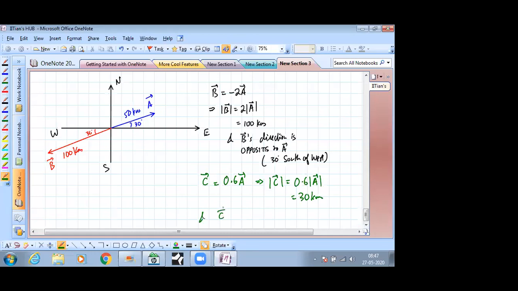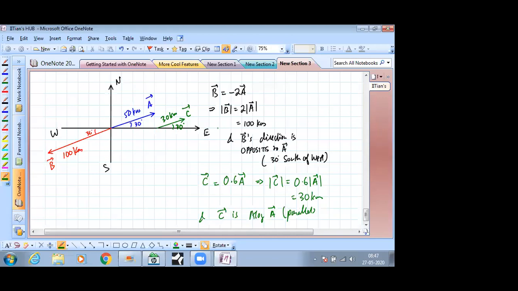And C is along the vector A, or parallel to it. So we can draw vector C just on top of A here also. We can draw it separately here also, it doesn't matter, as long as we are showing that it's a parallel line to this. So this angle is also 30 degrees.